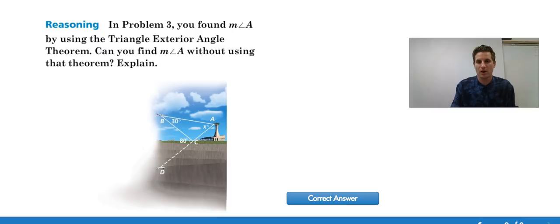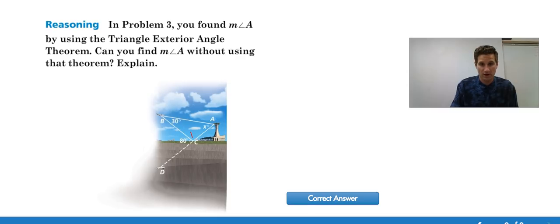Last one. In problem 3, we found angle A by using the triangle exterior angle theorem. Can you find angle A without using that theorem? We didn't actually do that, but we could have, right? So how could I find angle A, and this is x, by using something other than a theorem? Instead of the exterior angle theorem, where we would have done 30 plus x equals 80, we could use supplementary.